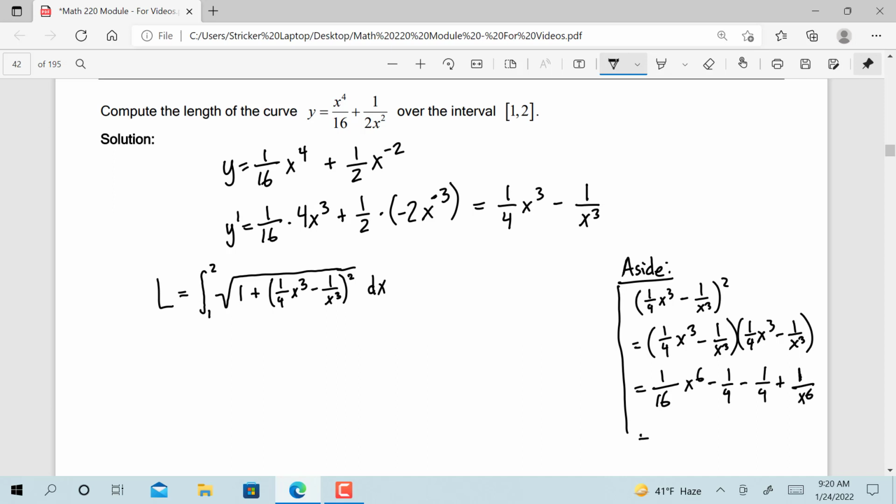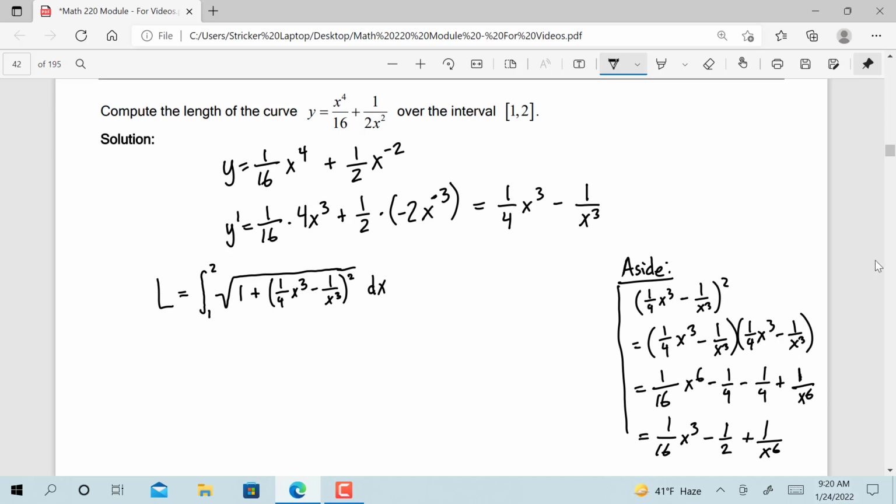And simplifying things, we get 1/16 x to the 6th minus 1/2 plus 1 over x to the 6th.